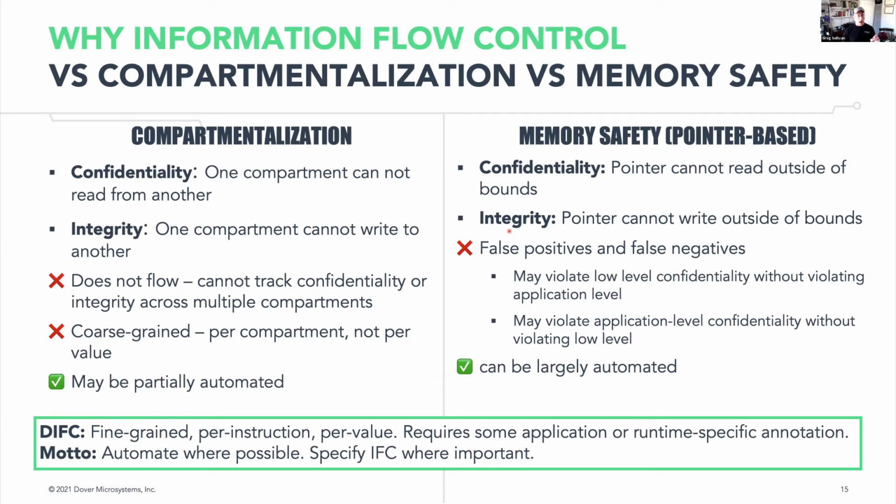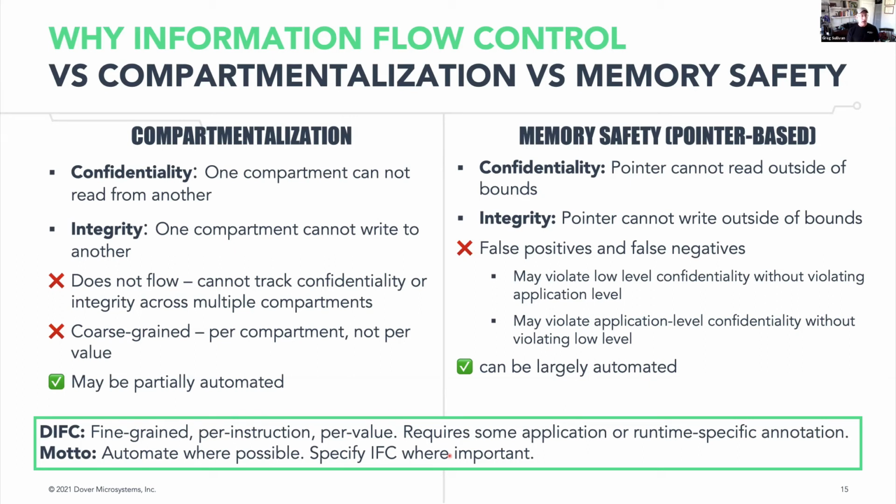So our motto here at the bottom of the screen is, you should be able to specify whatever confidentiality and integrity requirements are relevant for your system at whatever granularity you know and care about.